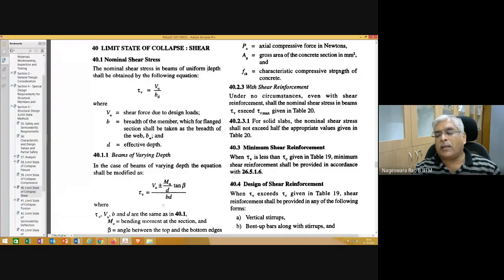Depth can be maximum at the support, and it can have some minimum value, or theoretically it can be 0 at the tip. But from practical consideration, we are going to have some depth. So a cantilever can have minimum depth at the free end and maximum required depth at the fixed end. So depth can be varying.